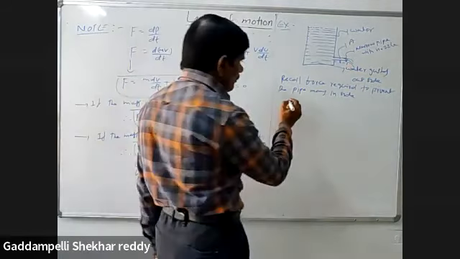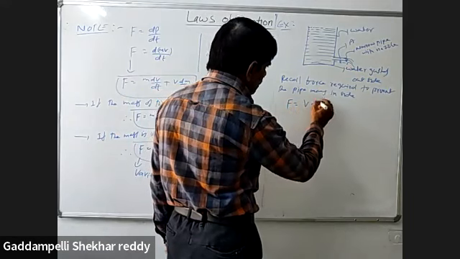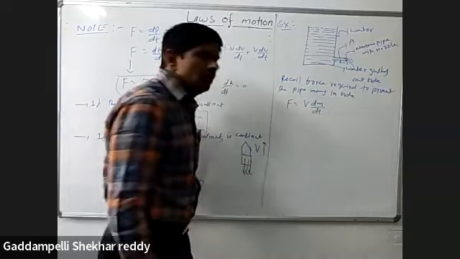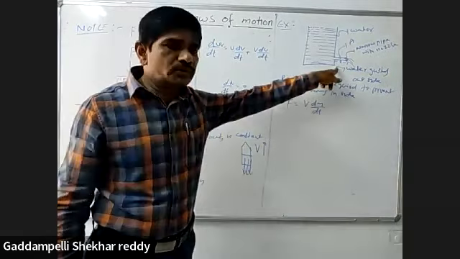So we use the formula F is equal to V dm by dt. This force is known here as the recoil force.